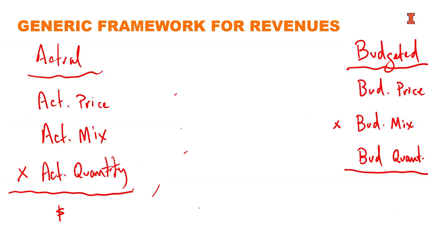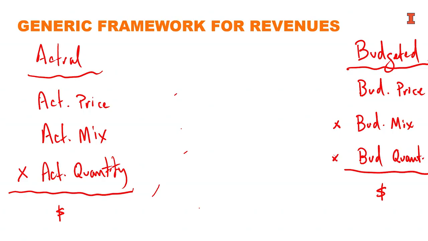Multiplying these 3 budgeted items yields a total budgeted revenue dollar amount. And just like with cost variances, we can turn one dial at a time, separating out individual reasons as to why the actual revenues collected differed from that which was expected or budgeted.